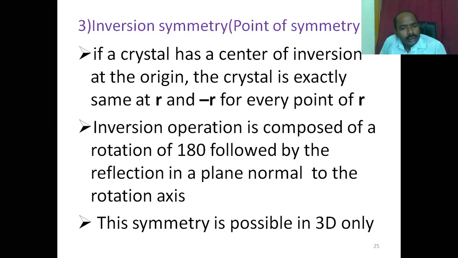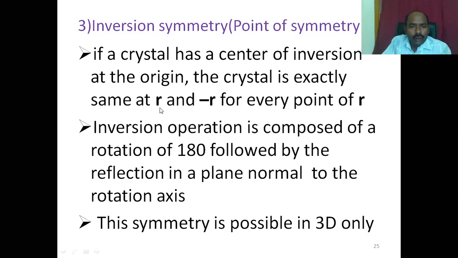This symmetry is possible in 3D only. In order to calculate the inversion of a point, if you are given a point, what is the inversion point of that given point about the point of symmetry?